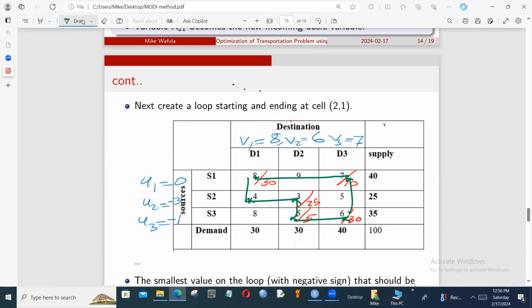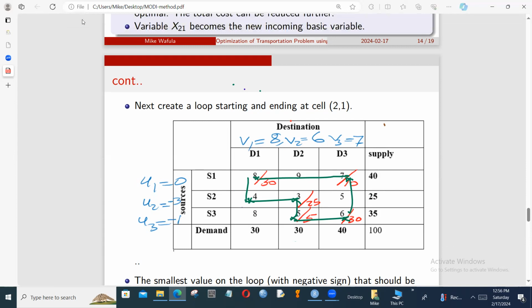Now, after drawing the loop, we said we now assign alternate signs, positive and negative, starting with the starting point of the loop, that cell on the loop that is the only one with no units allocated to it, which is the one getting a positive sign first, right? Then we do alternate.